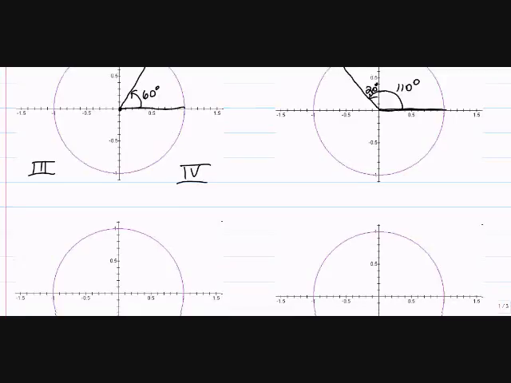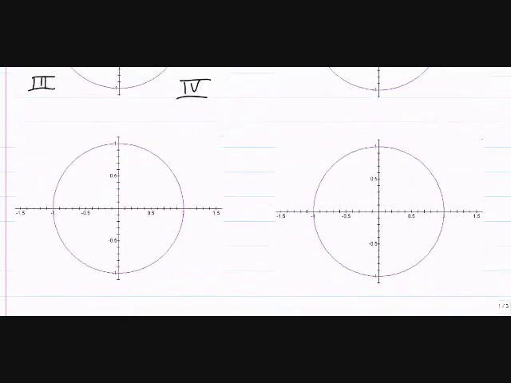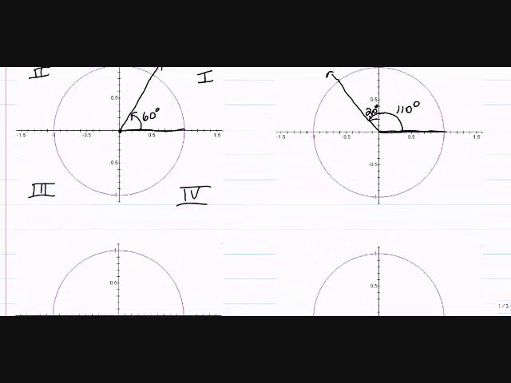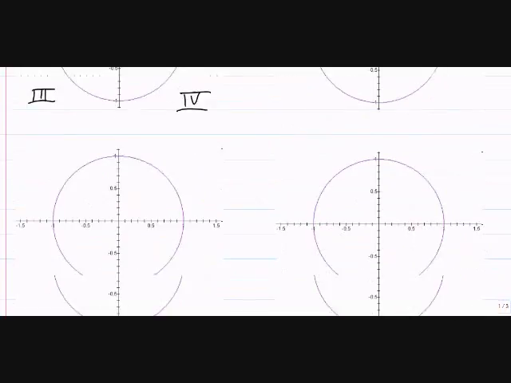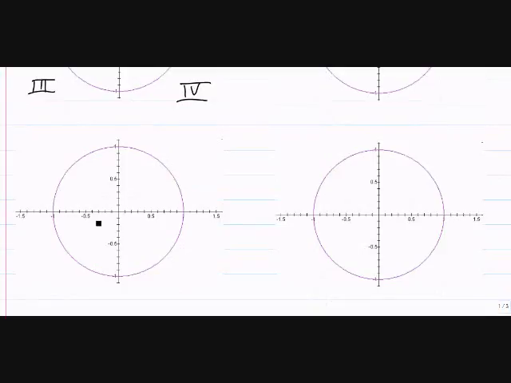I can put an angle in the third quadrant. Let's go down here. Sorry, I don't mean to go too fast. Let me put an angle in the third quadrant, right about here.